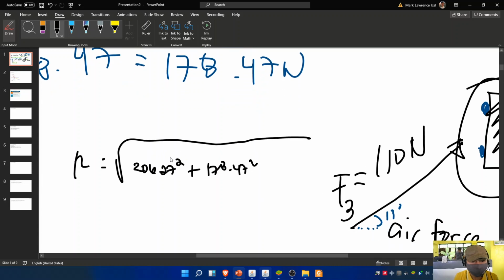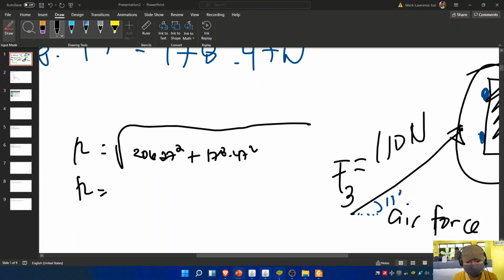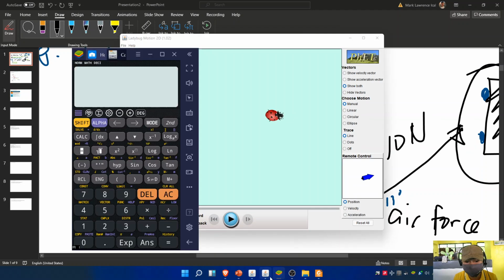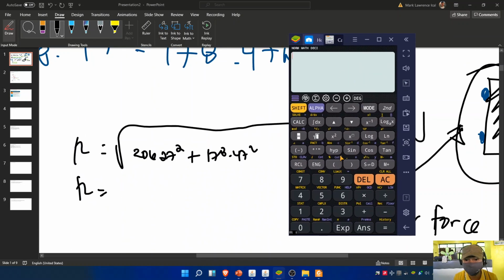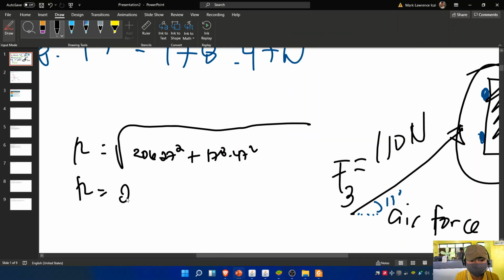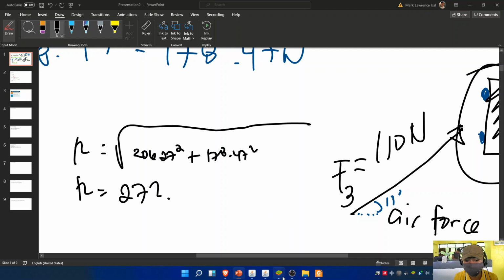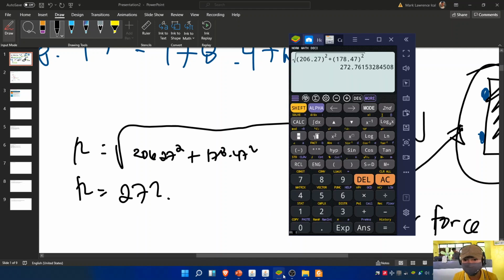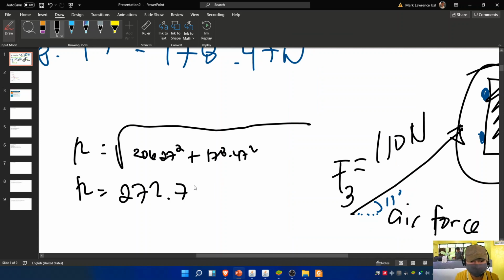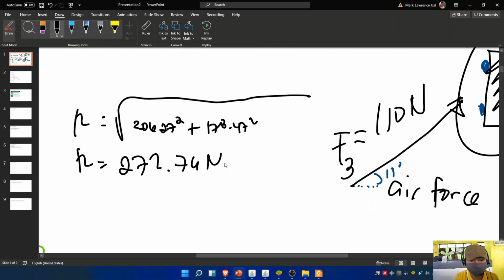So R is equivalent to, okay, let me use the calculator again. We have 206.27 squared plus 178.47 squared. Okay, so we have 272.76 newtons.